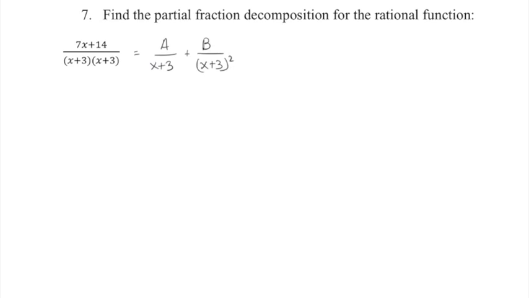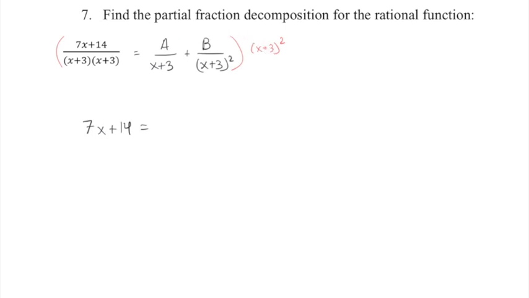Now, when we multiply the whole equation here, we're going to multiply this by the lowest common denominator, which is x plus 3 squared. When that multiplies over here, the denominators, x plus 3 squared, cancel out, so you're just left with 7x plus 14.